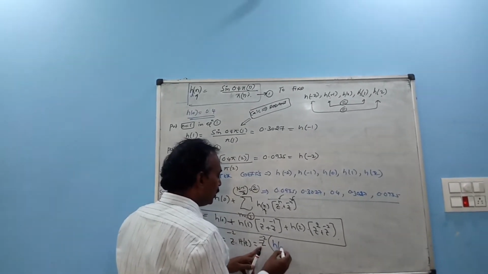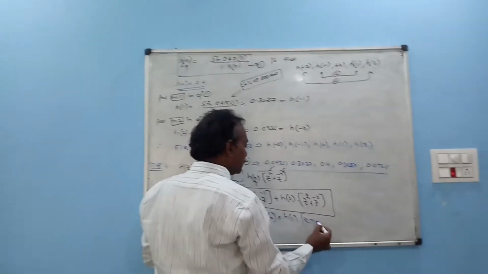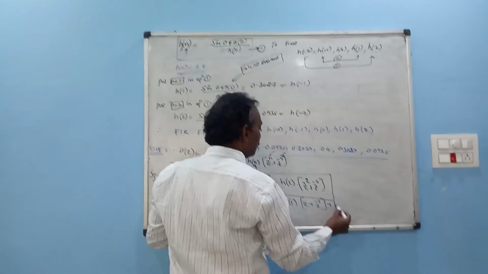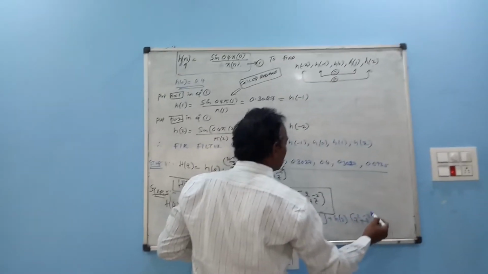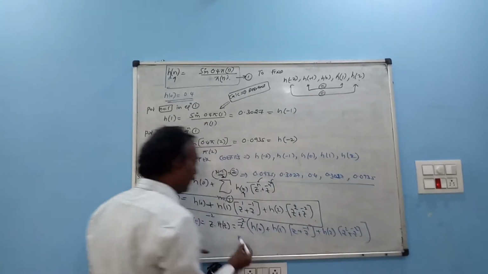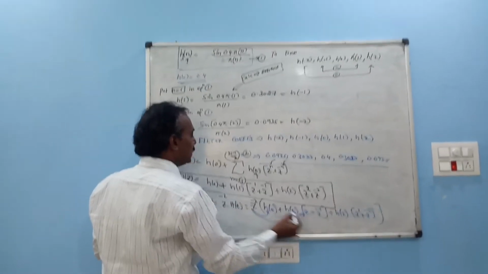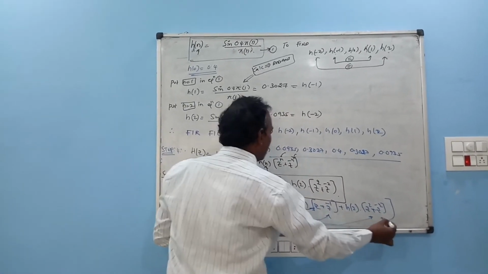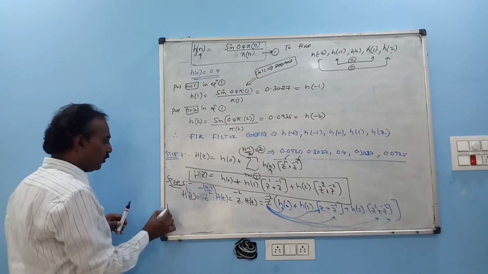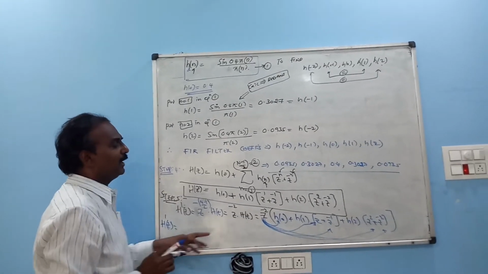Now this is h of 0 plus h of 1 into bracket z plus z inverse plus h of 2 into bracket z square plus z power minus 2. If I take this and multiply z power minus 2 to each term, there are 5 terms. Therefore h dash of z is nothing but, when I multiply, let me write in order.